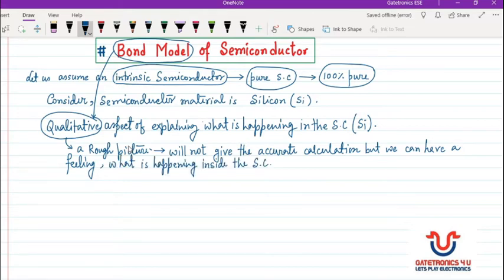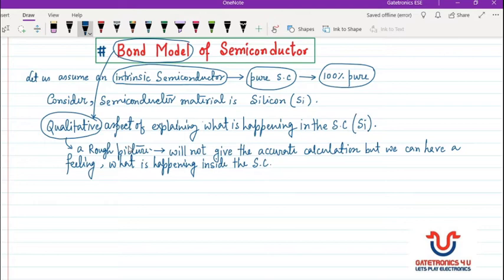So in summary, the bond model of semiconductor will not give you the accurate calculation about the phenomenon taking place inside the semiconductor, but we can get a rough idea of what is happening inside.